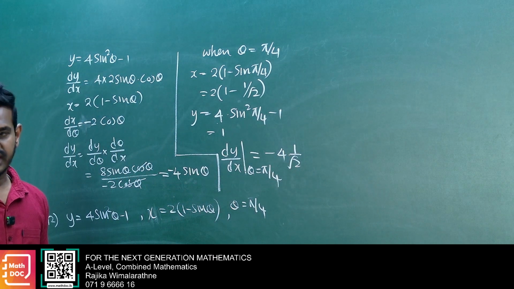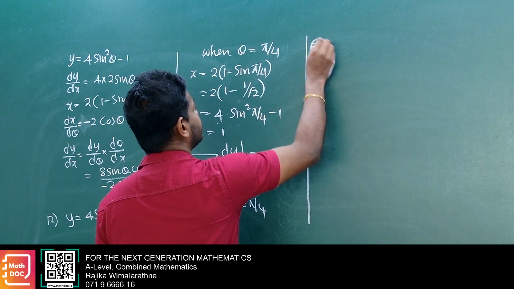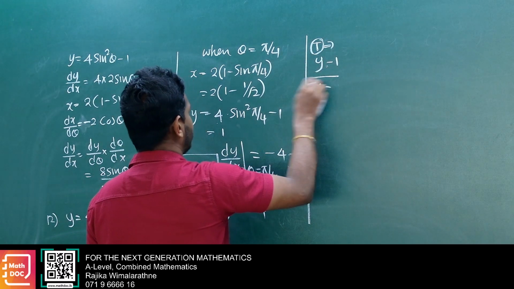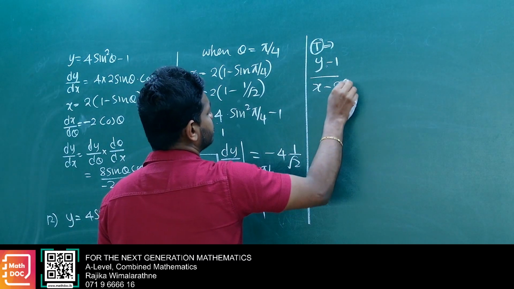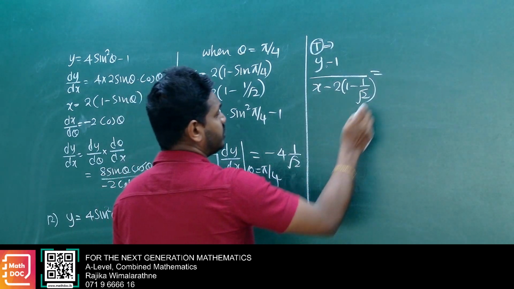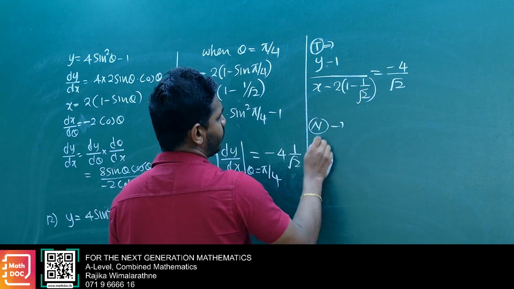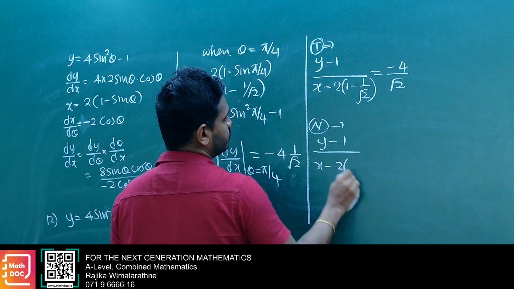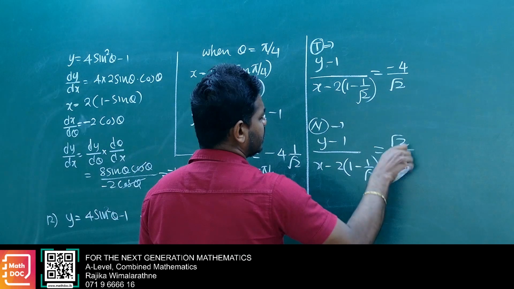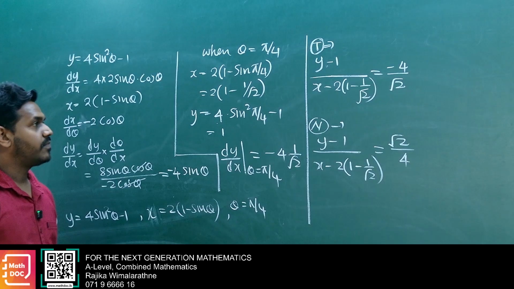Now we have the coordinate and gradient. Then the tangent: y minus 1 equals minus 4 over root 2 times x minus (1 minus 1 over root 2). You can simplify. Then the normal: take the reciprocal and reverse the sign, that is root 2 divided by 4.